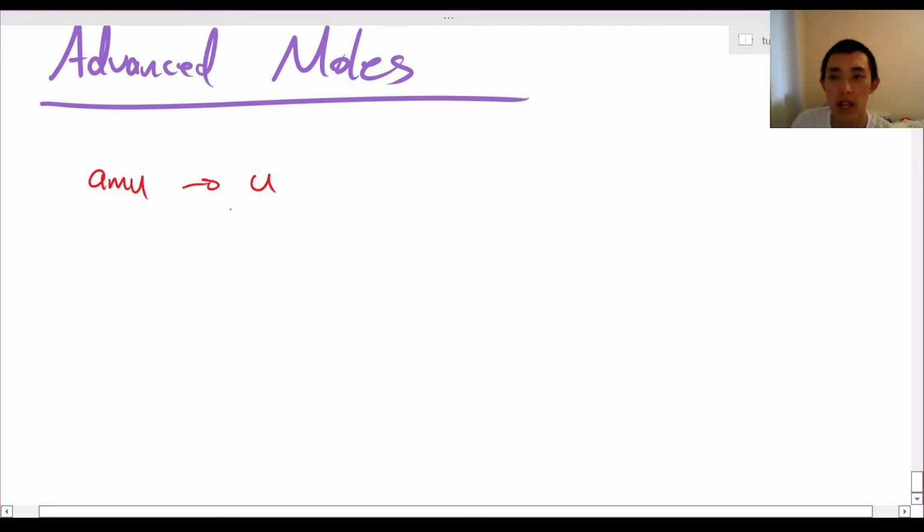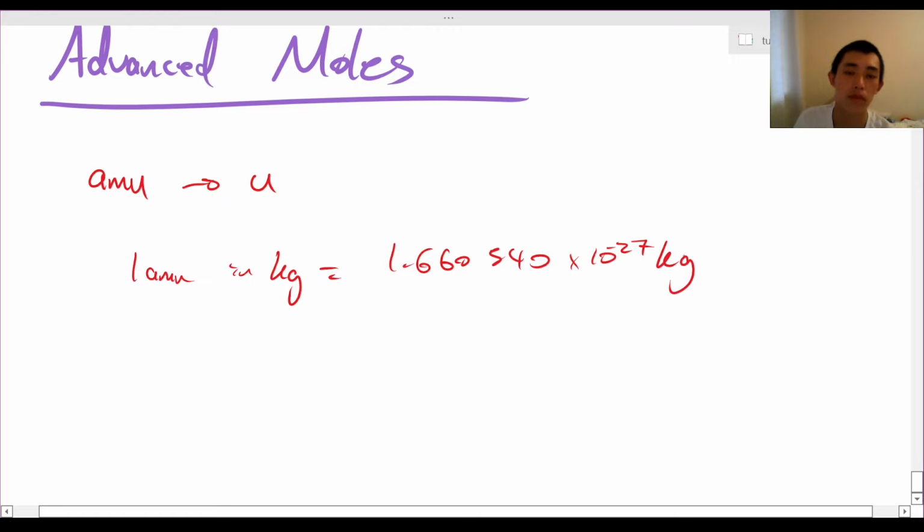What we actually did is determine the mass of one AMU in kilograms directly. And the answer was 1.660540 times 10 to the power of negative 27 kilograms. So one AMU is equal to this tiny amount of mass.